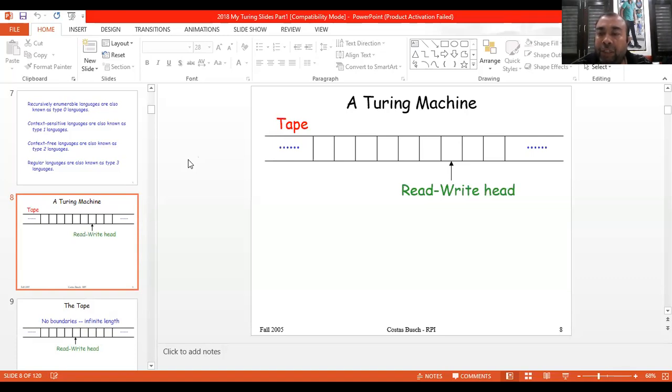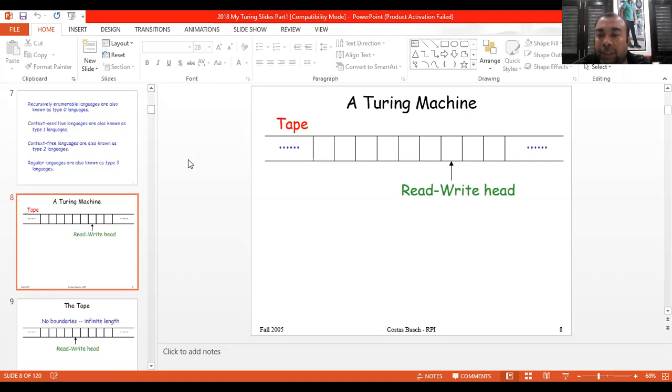That is, we can only read from that tape symbols that are already present. But now this tape will behave as a read tape as well as a write tape. What it means: suppose in some box 1 has been written, then you can delete this 1 with any other symbol as per your requirement.